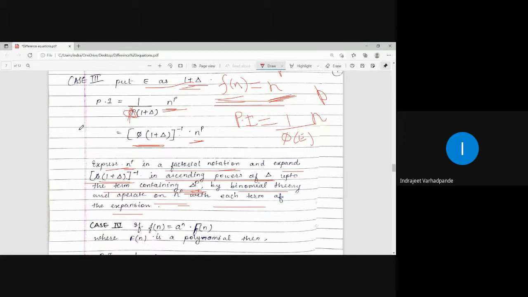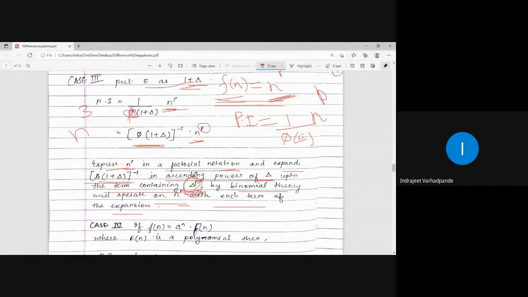Now tell me, if the polynomial has degree 3, how many terms of the derivative will exist? 3 terms of the derivative will exist, right? So up to where do we have to expand delta? Till the degree of the factorial polynomial. If the degree of the factorial polynomial is p, you have to expand it till the power of delta as p.